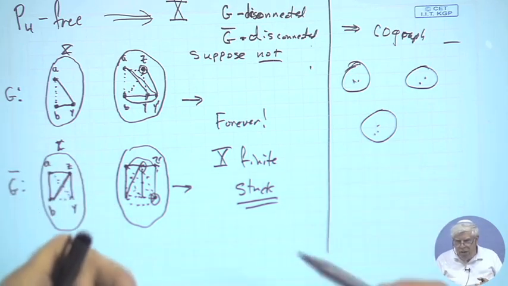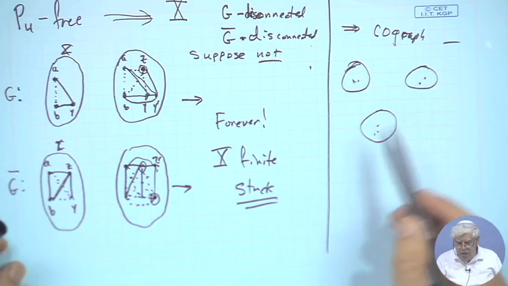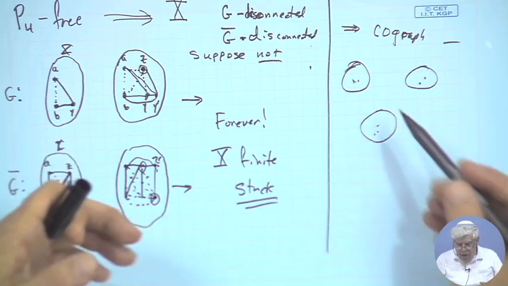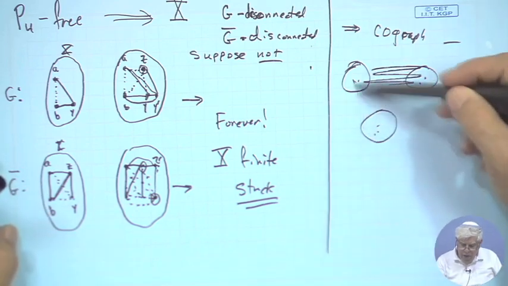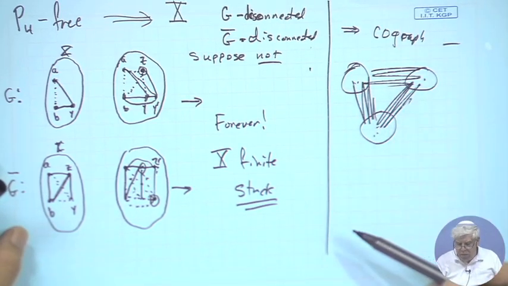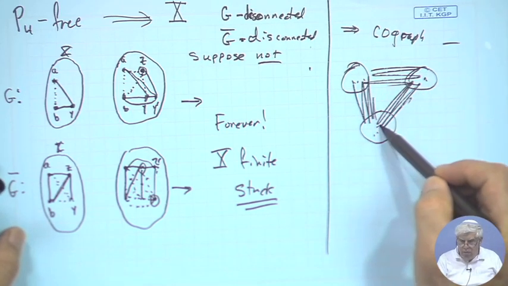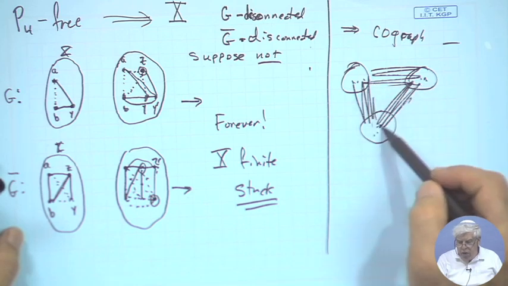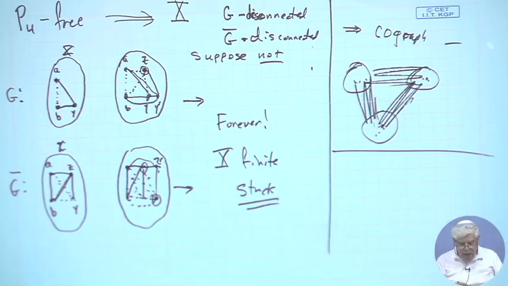In the complement, that also partitions the vertices into pieces. The only difference is that in the graph itself, I have them all joined together. So again, I work on each one separately by recursion. They are CoGraphs. The join of CoGraphs is a CoGraph, and I'm done. So that's the proof of the theorem.